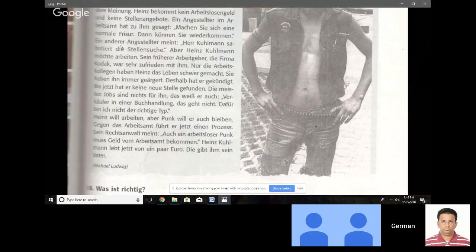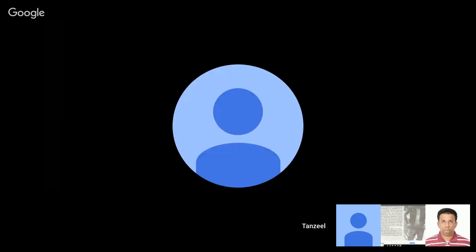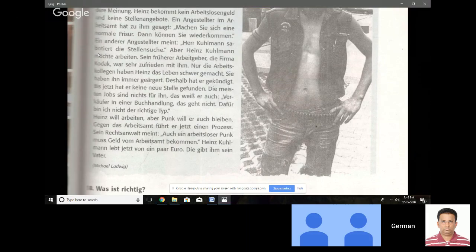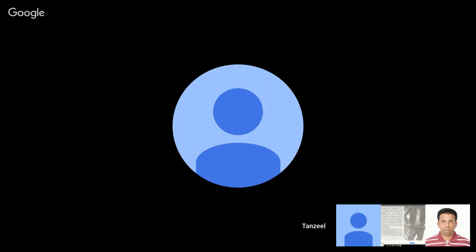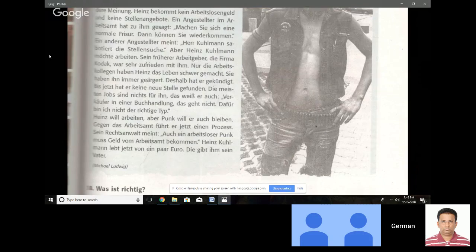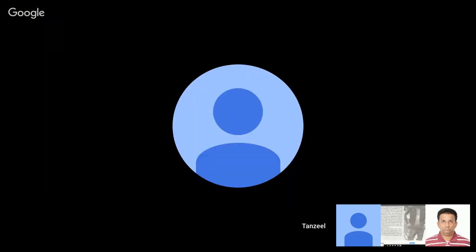Ja, ein anderer Angestellter meint, Herr Kuhlmann sabotiert die Stellensuche, aber Heinz Kuhlmann möchte arbeiten. Sein früherer Arbeitgeber, die Firma Kodak, war sehr zufrieden mit ihm. Nur die Arbeitskollegen haben Heinz das Leben schwer gemacht.